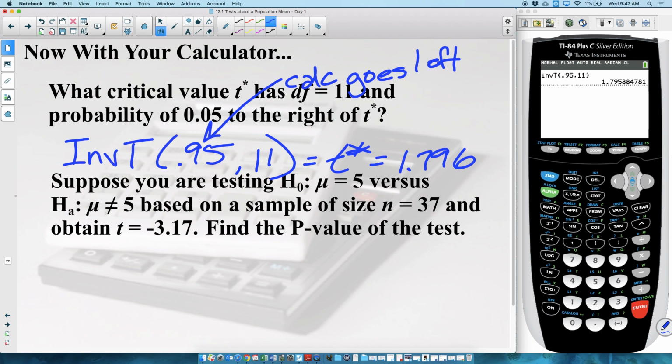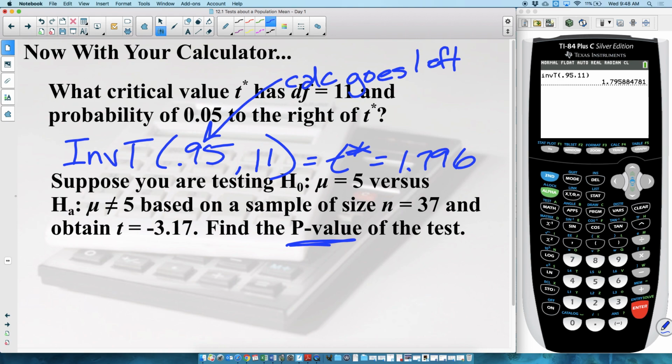Okay, so how about the last one? This one we just did too, but now we can get a real exact p-value from the calculator. So if we're testing the null hypothesis that the mean is 5 versus the mean is not 5, based on sample size 37, and get a t-value of negative 3.17, how would we find the p-value of the test?